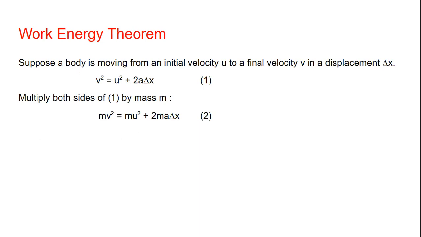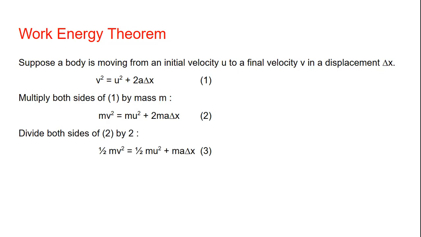Doing that, we have mv squared equals mu squared plus 2ma delta x. That's equation 2. Then we divide both sides of equation 2 by 2, and that gives us half mv squared equals half mu squared plus ma delta x.